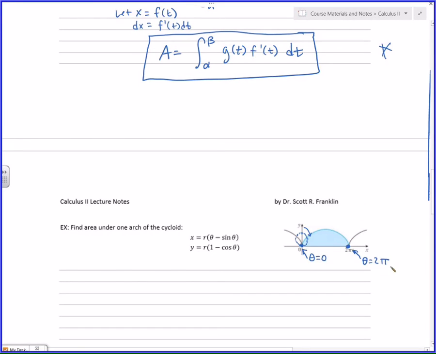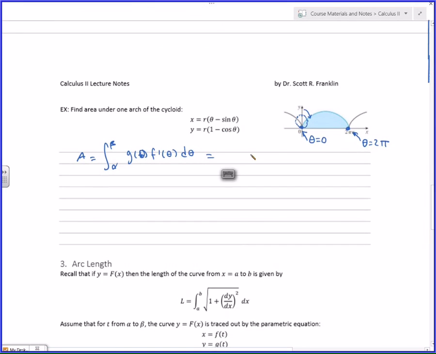So that's like my alpha and my beta. So the area underneath this curve, again, alpha to beta of g of t, or in this case theta, f prime of theta, d theta. So in our case, the integral goes from 0 to 2 pi.